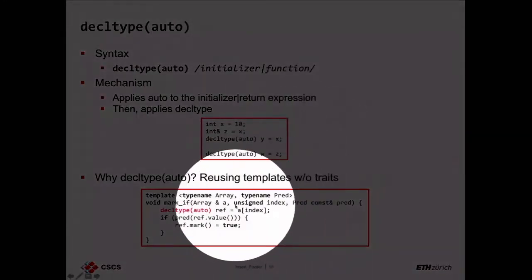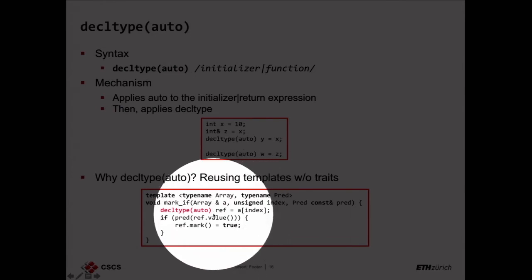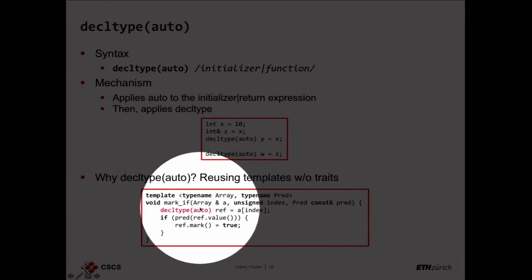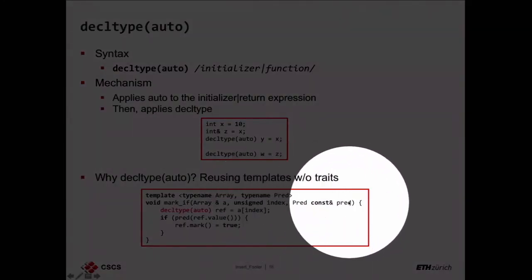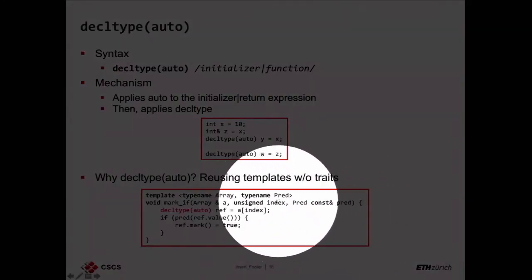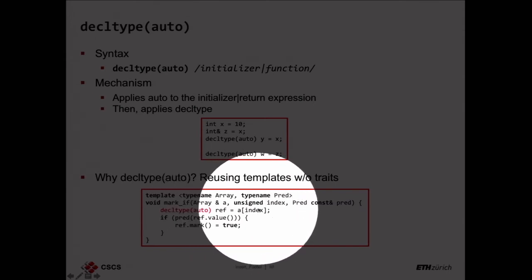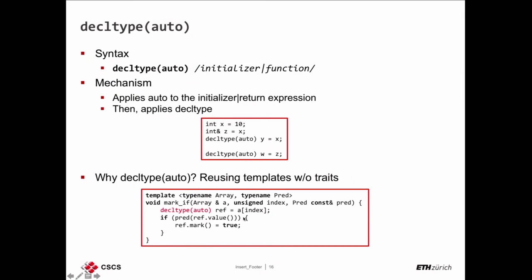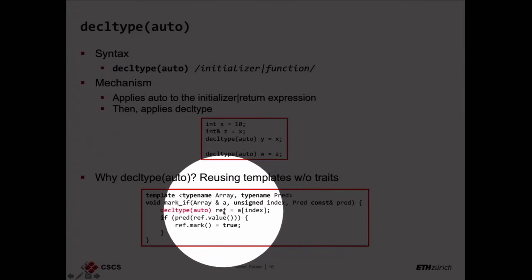I have a function that takes an array, but it's not an array. It's just array type, or whatever represents some array, an index and some predicate, and this array must have the square bracket operator. And this square bracket operator is assumed to return a reference to a value.